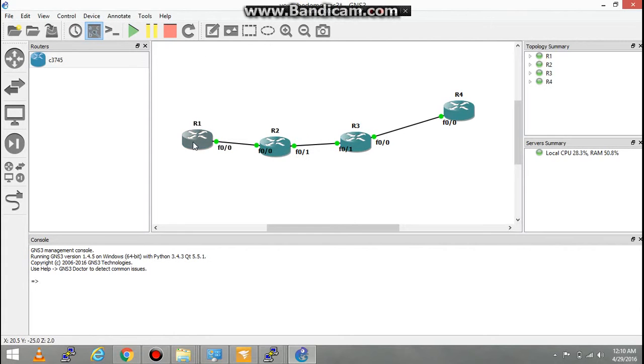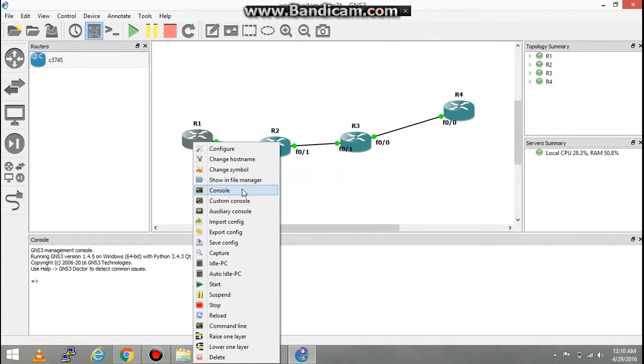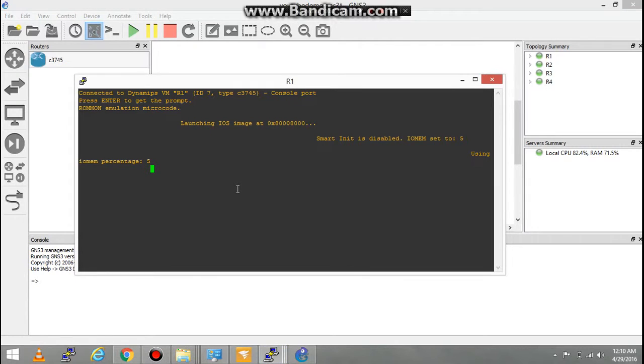and I'll show you the routing table of R1 as of now. The router is booting up.